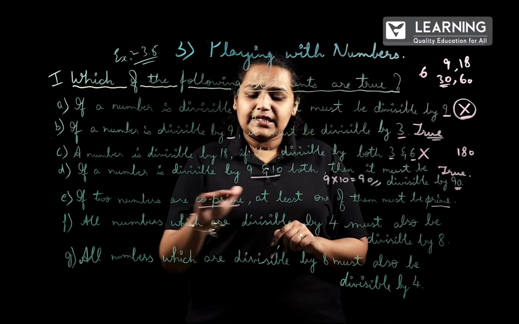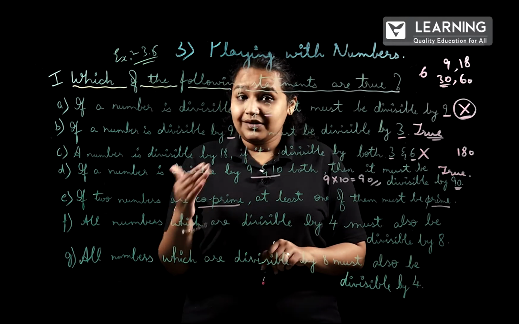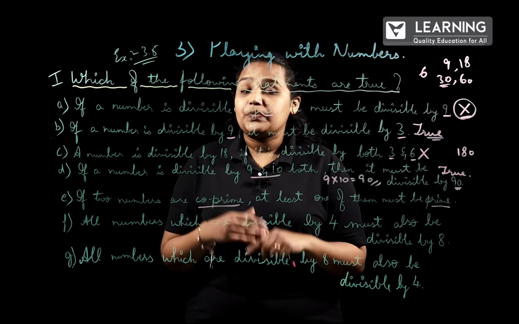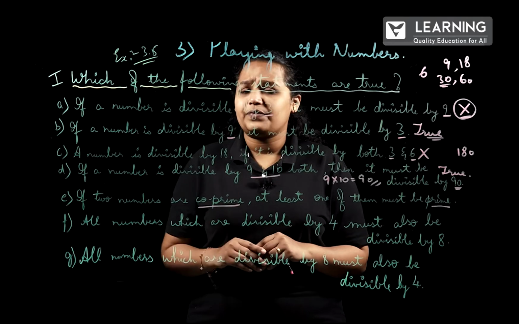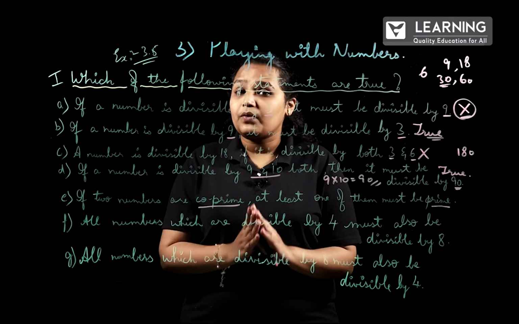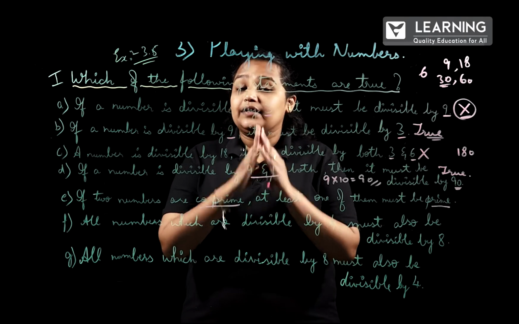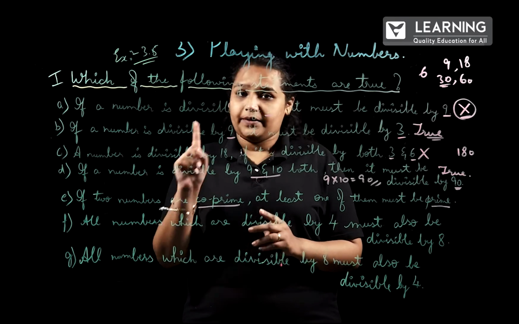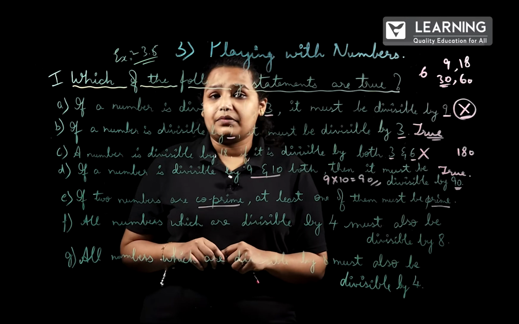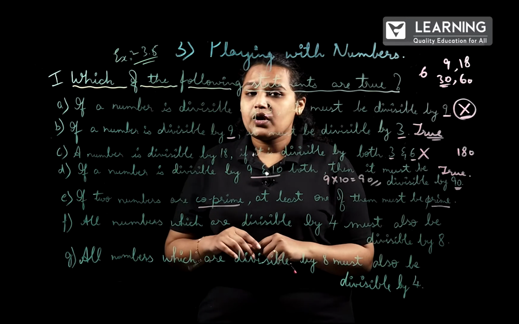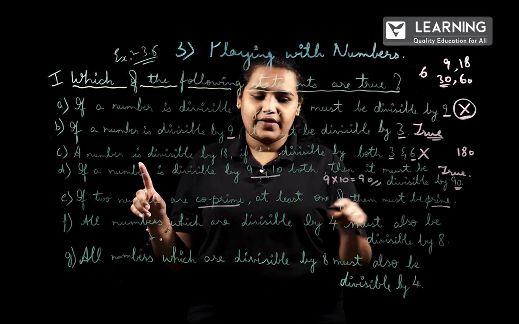In the previous session, we have solved a few problems on co-prime, whether those two numbers are co-prime or not. It means the common factor will be 1. At least one of them must be a prime number. So, out of those two, one should be a prime number, they are telling.